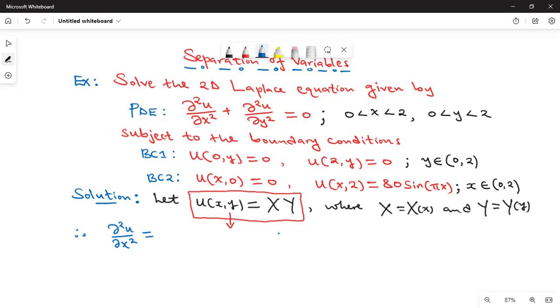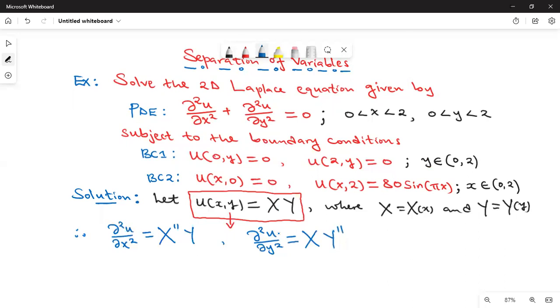So in this case, Y is a constant. So we differentiate X twice, keeping Y constant. Similarly, the second derivative of u with respect to y twice, in this case now X is constant, differentiate Y twice, Y double prime.